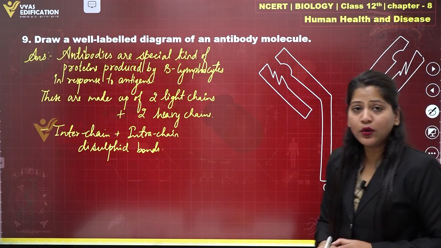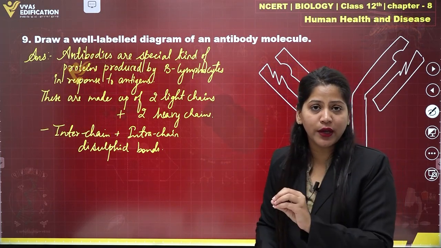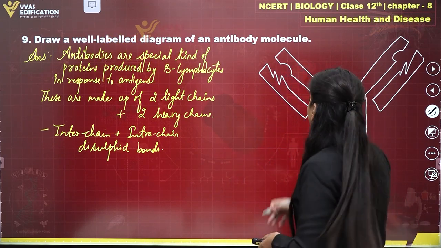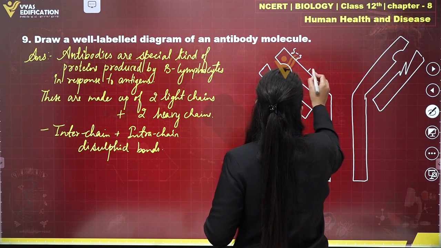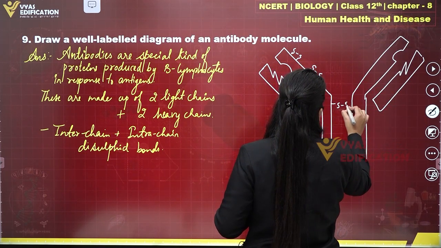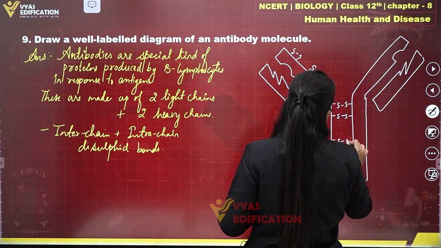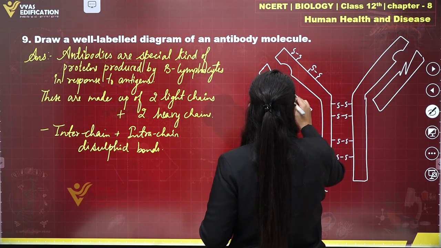Now we know that in a molecule of antibody there are inter-chain as well as intra-chain disulfide bonds. So see, here we have intra-disulfide bonds like this, and inter-disulfide bonds are also present like this.